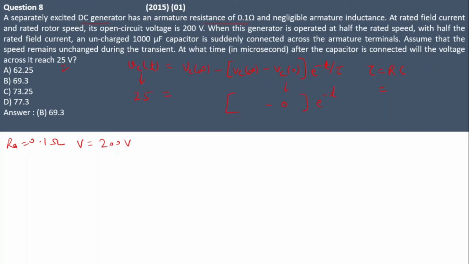R is connected across this generator, so resistance is 0.1, into this capacitor of 1000 microfarad. So it will be 100 into 10 to the power minus 6. This is the time constant. So you have to find out VC infinity. Okay, to find this VC infinity or steady state voltage, this condition is given to you. So how to find it out?